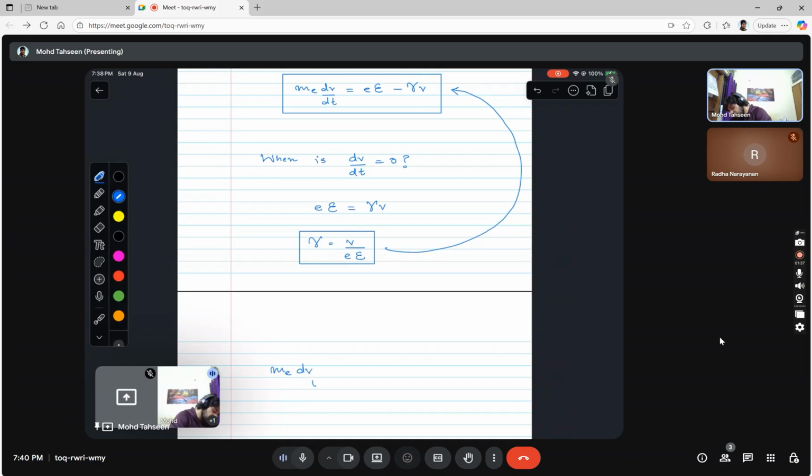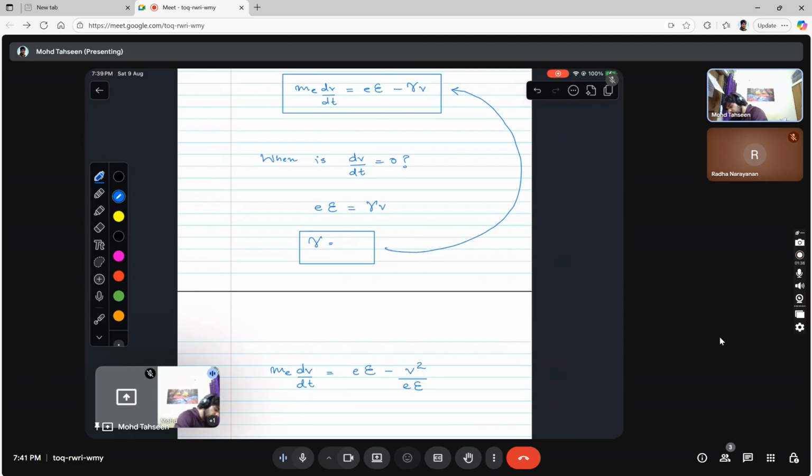We are deriving the Drude model here. Oh, sorry, I have done the computation wrong here.